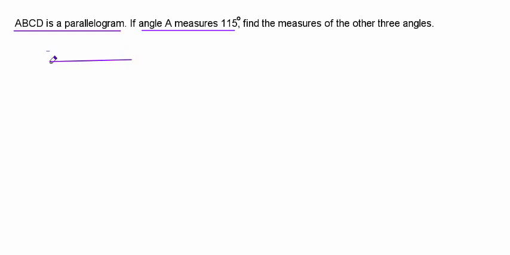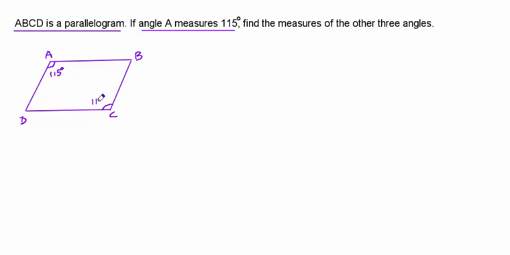So here's a parallelogram, and we have A, B, C, D as its four vertices. It's given that angle A is 115 degrees. And we know that in a parallelogram, the opposite angles are equal.